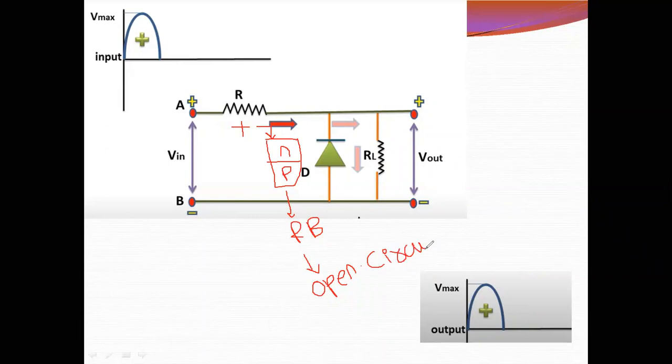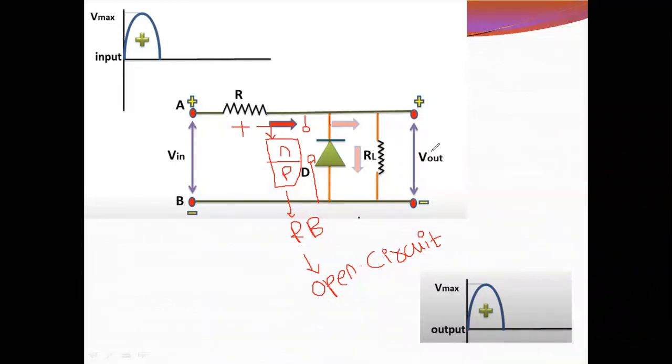If the diode is reverse bias, then obviously it will be an open circuit. Here the circuit becomes like this, with the diode open circuit. Imagine and tell me what the output is here.